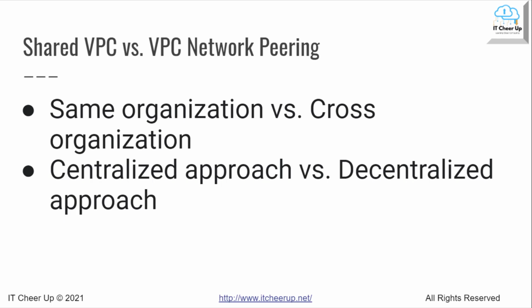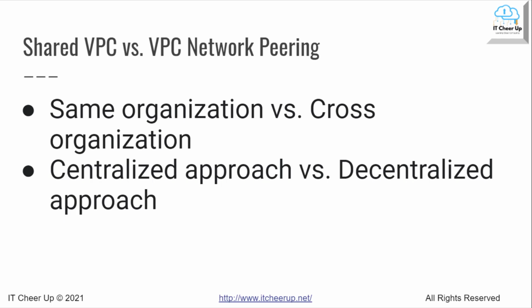I summarized the difference between shared VPC and VPC network peering for you to make the decision for a particular situation. You can only set up a shared VPC in the same organization, but you can set up a cross-organization VPC peering.